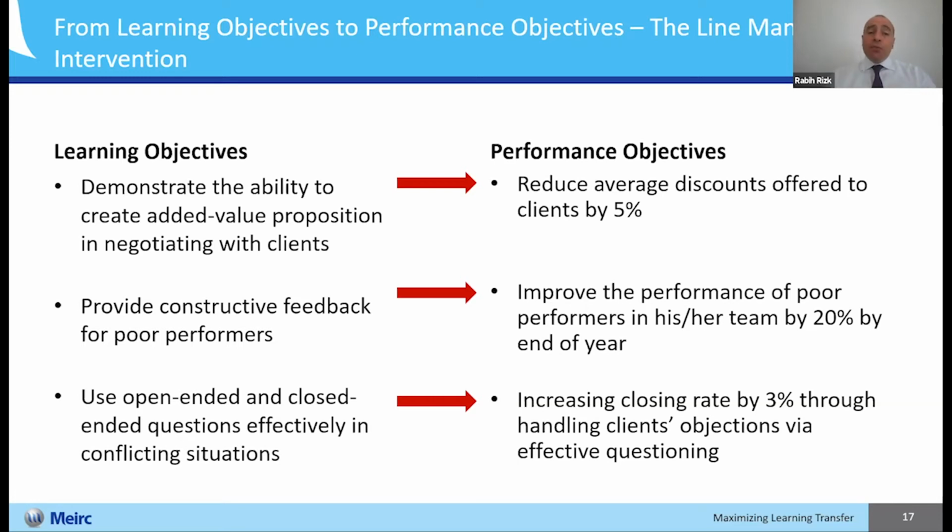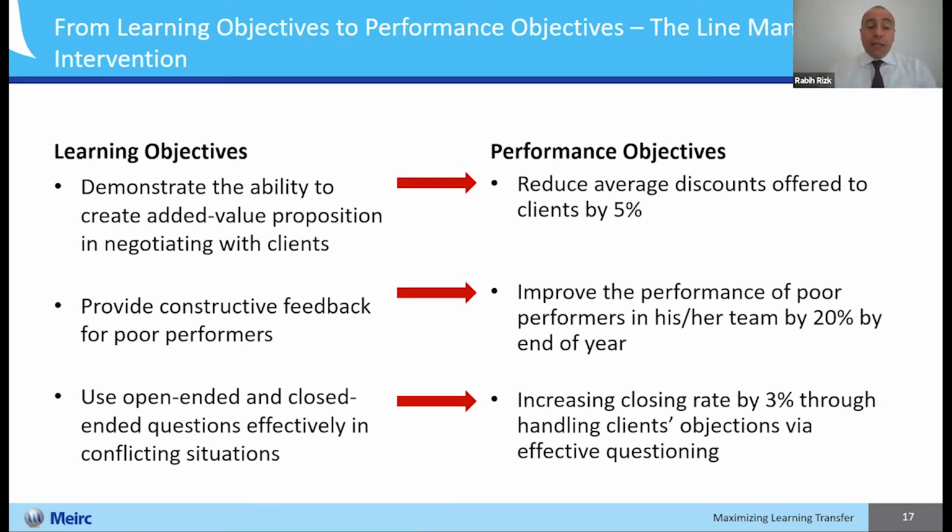If, for example, the training is about leading people and there was a part about providing constructive feedback for poor performers, then the performance objective would be to improve the performance of the poorly performing team by 20% by the end of the year.